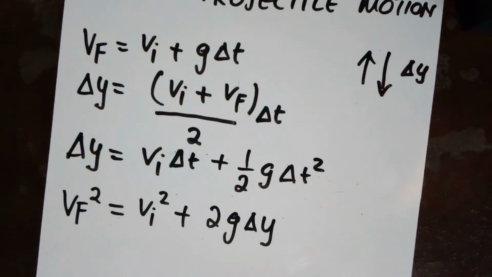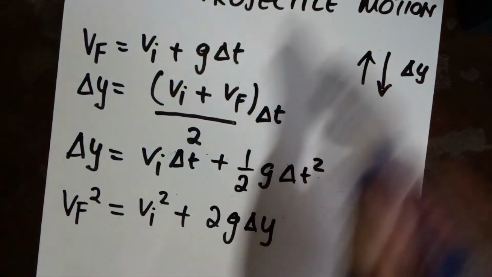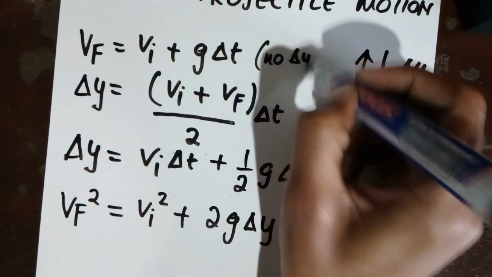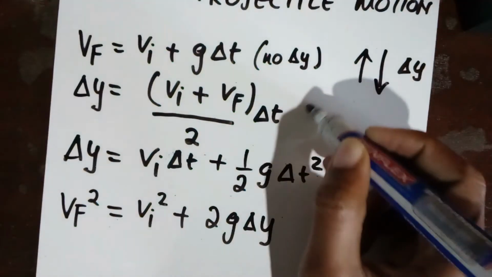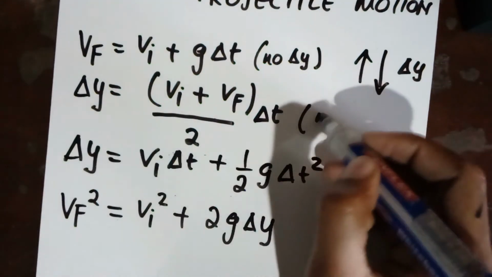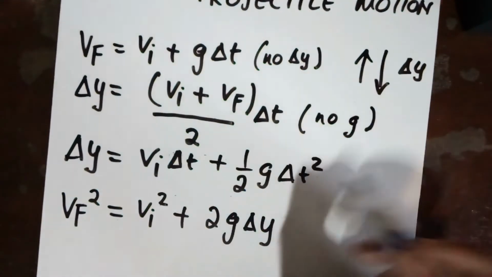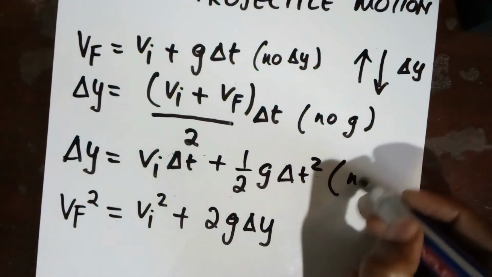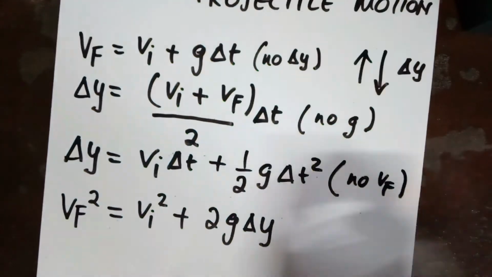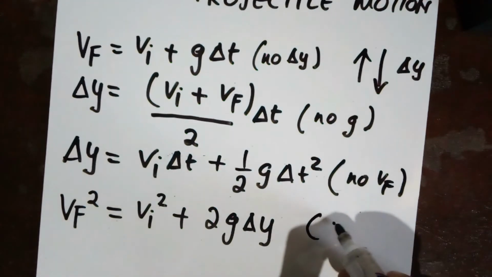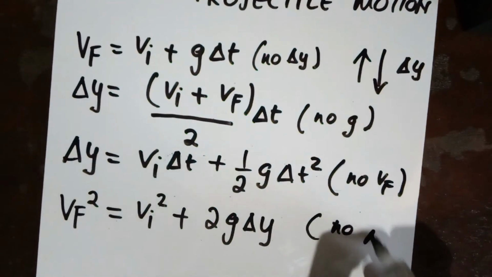So now, if you look at all of these equations, you notice that here there's no change in y. In this equation here, what is missing? There's no g, or gravitational acceleration. And here, we don't have the final velocity. And then here, what is it that we don't have? We don't have change in t.